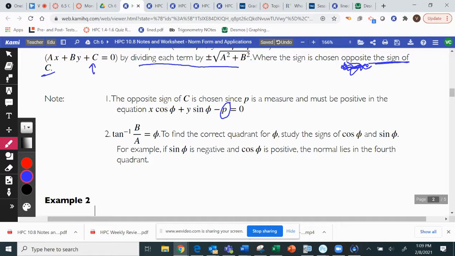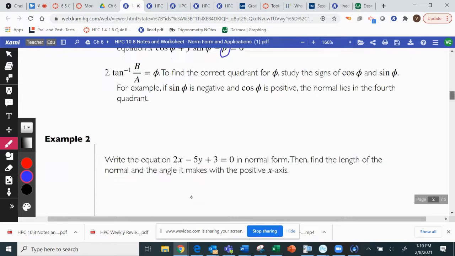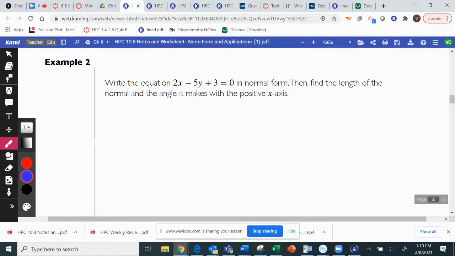And to find the actual angle at which it rotates from the x-axis, we'll do inverse tangent b over a, which is again the same stuff we have been doing for quite a while. So write the equation 2x minus 5y plus 3 equals 0 in normal form.